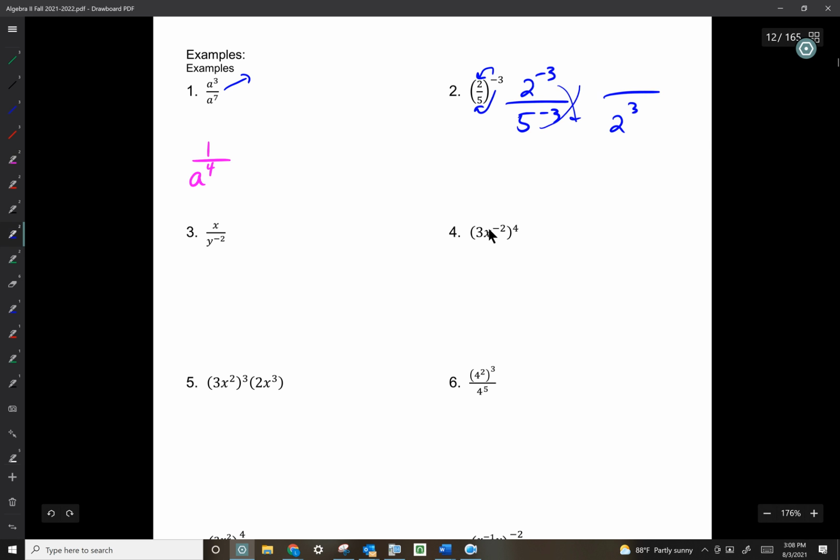And if I want this one to be positive, it's going to move to the top. And in this case, well, I know what 5 to the 3rd is. It's 125. And I know what 2 to the 3rd is. It's 8. So sometimes when we have numbers that have exponents, I'll expect you to actually go ahead and multiply them out. Okay?